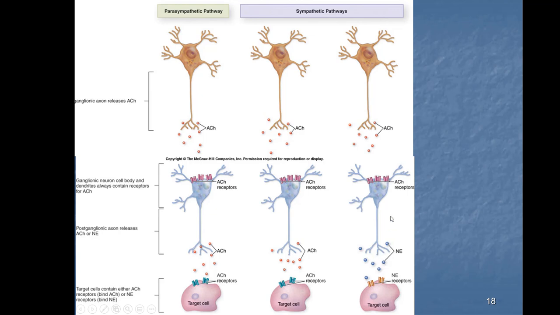Most postganglionic sympathetic neurons secrete norepinephrine as the neurotransmitter. In one case, specifically the postganglionic sympathetic nerves going to sweat glands, they actually secrete acetylcholine. So that's the exception to the rule. So postganglionic sympathetic neurons going to sweat glands still release acetylcholine, but most postganglionic sympathetic neurons secrete norepinephrine.